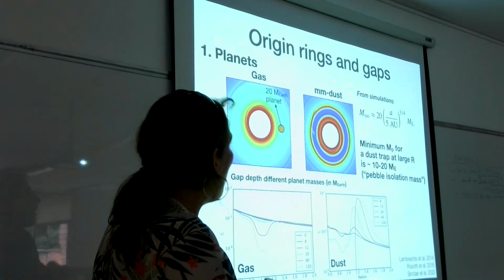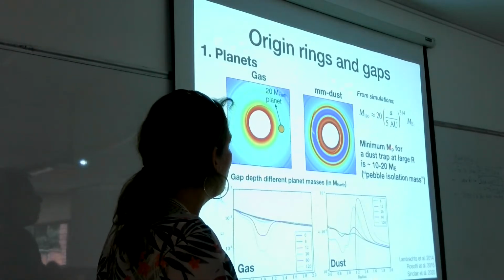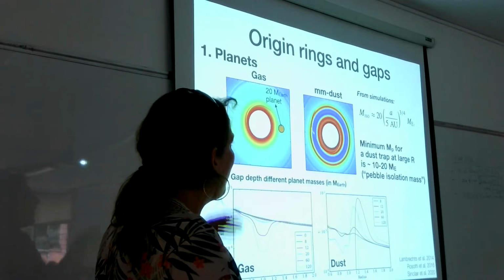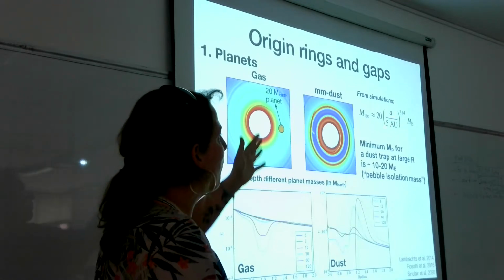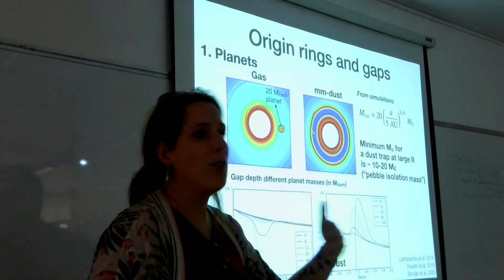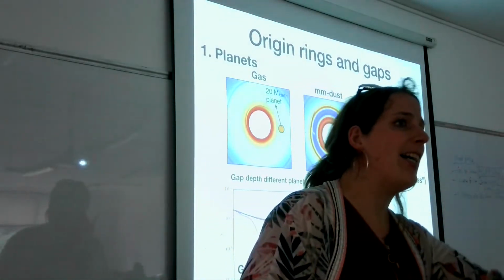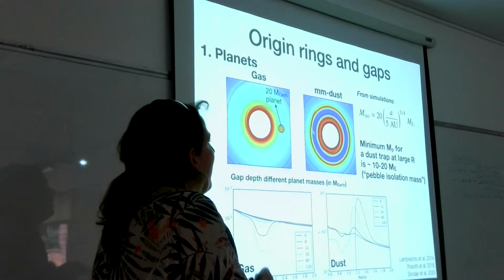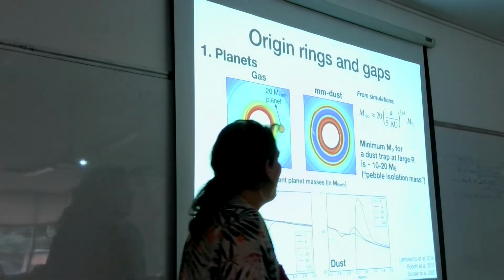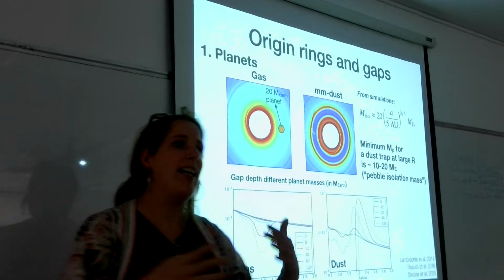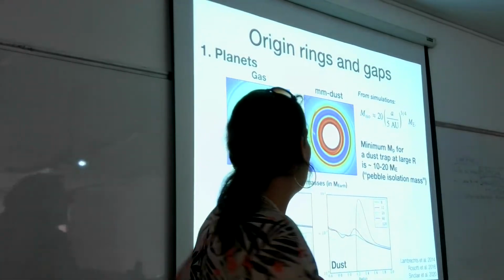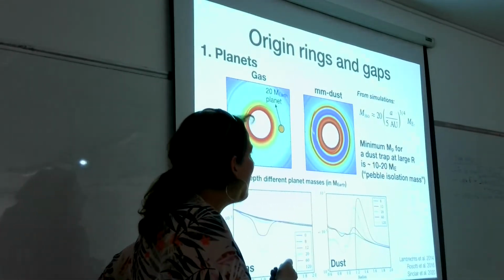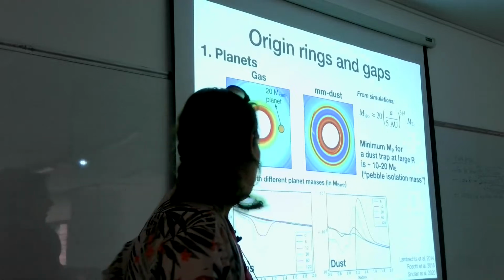And this depends primarily on the location of the planet, and a little bit on turbulence, on scale height. There's a number of parameters, but this is approximately the mass, and that means that at these typical radii where we see the gaps in ALMA, this is about 10 to 20 Earth masses.